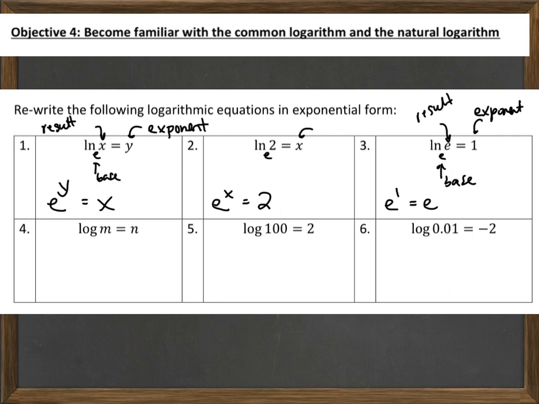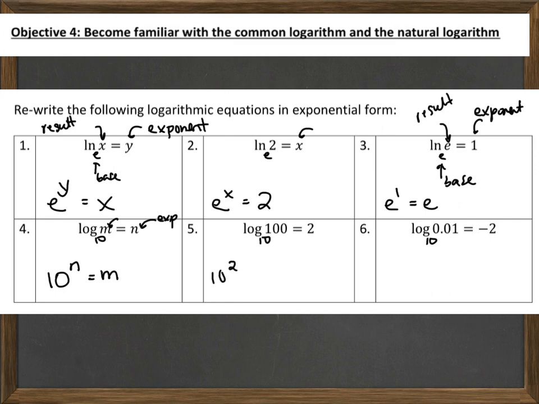All right, so now we have 3 practice problems with just the log. This is the common logarithm. Do you remember what the base is? Well, the base is 10. So let's just write 10 in here. So this is 10 to the n power equals m. Again, remember this is your exponent, and then m is your result. Let's keep going.